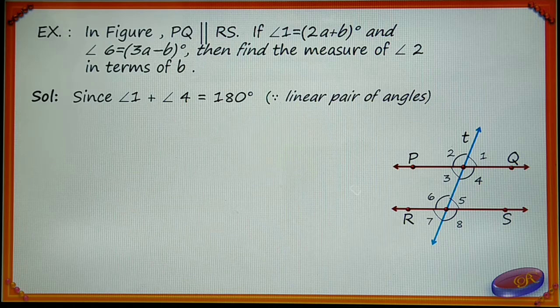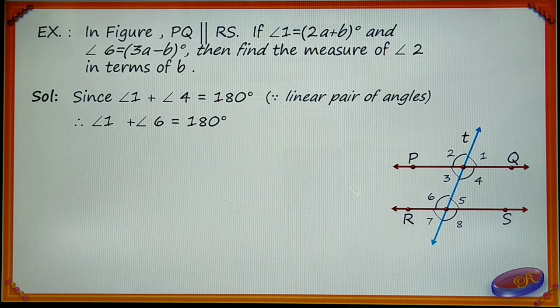Therefore, angle 1 plus angle 6, we have replaced 4 by 6, is equal to 180 degrees. Now substitute the values of angle 1 and angle 6.